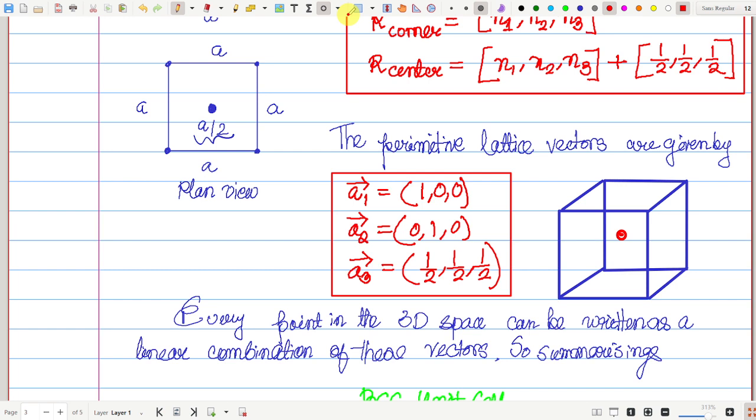So there is the center lattice point, there is another lattice point here, here, here, here. We draw all the lattice points. Okay, so now the primitive lattice vectors are given by this, this, and this.